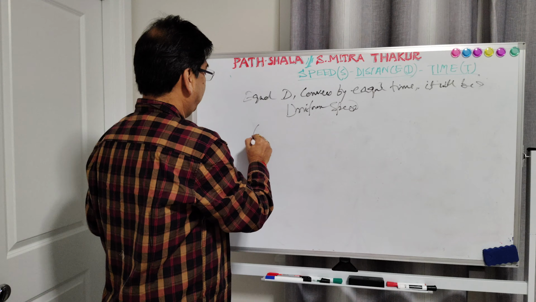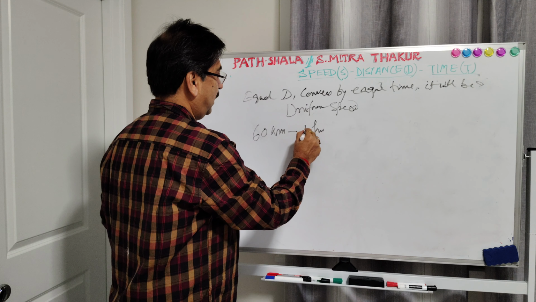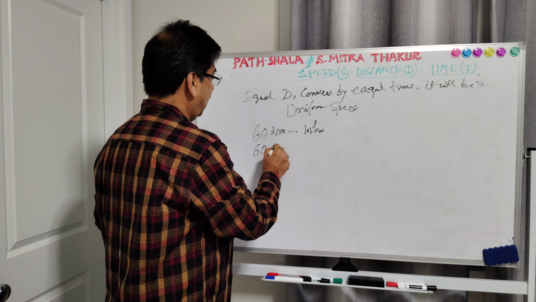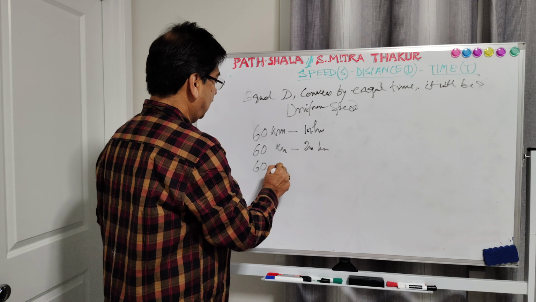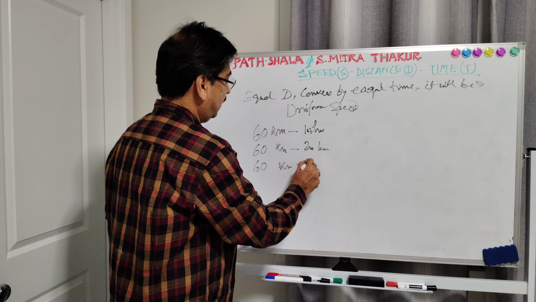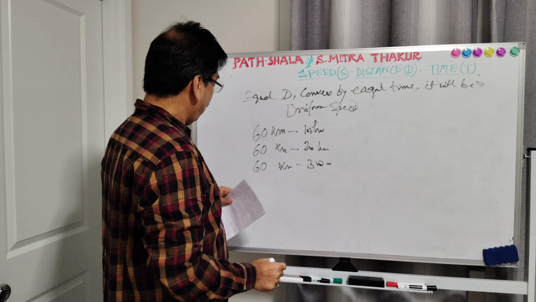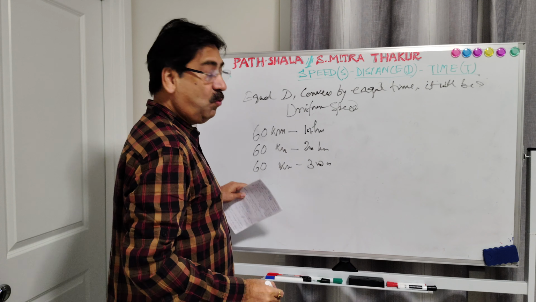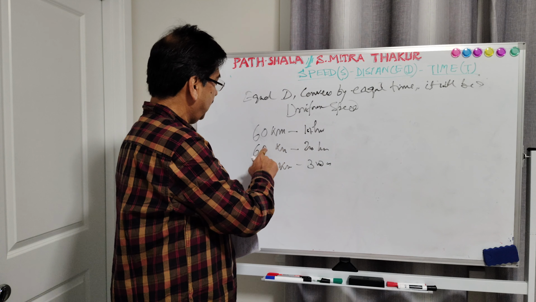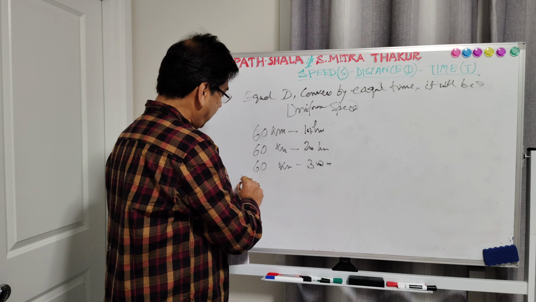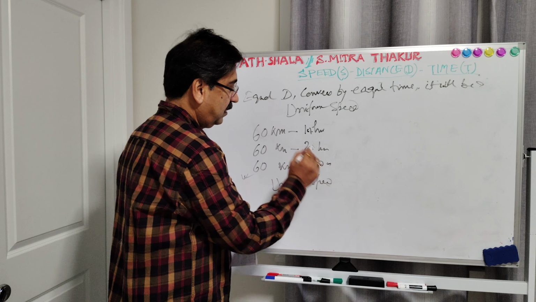If a car covers 60 kilometer in the first hour, 60 kilometer in the second hour, 60 kilometer in the third hour, that means in 3 hours it will cover 180 kilometer. The same distance in the same time in all cases, then it will be uniform speed, right?